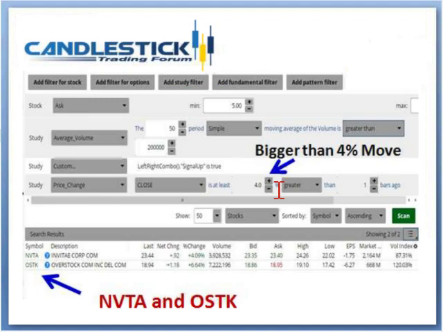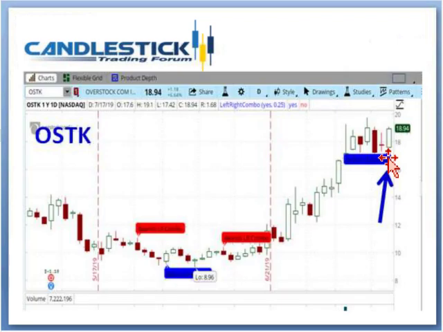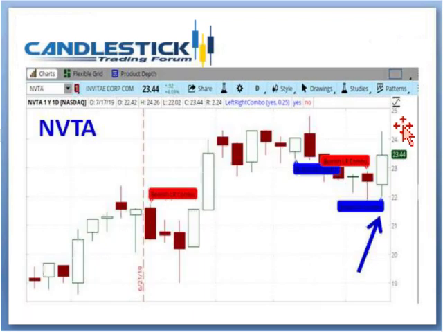So if I want to narrow it right down to a specific signal, or I may just do a general scan for stocks that had big percent moves on any particular day. Or if I'm looking for a specific signal, like a left-right combo, it allows me to find those signals and put me in the right trades at the right time.